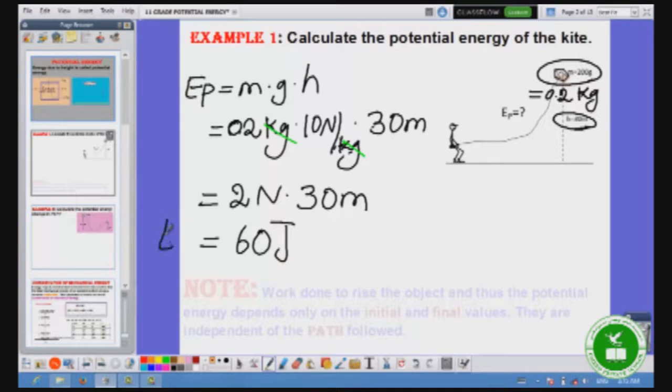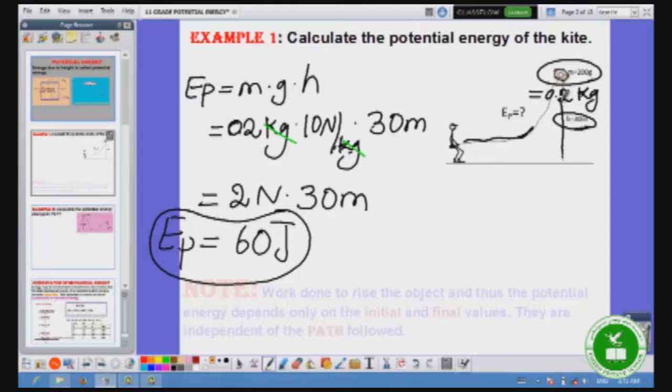So potential energy is equal to 60 joule.